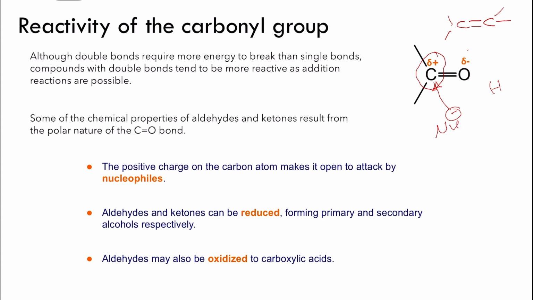So the addition for the double bond here was electrophilic addition, because you need to have an electrophile, something that has a partially positive charge that will first be attacked by the double bond. Then we add the nucleophile to the other side. So this is the difference between the double bond in alkenes and the double bond in the carbonyl compounds.